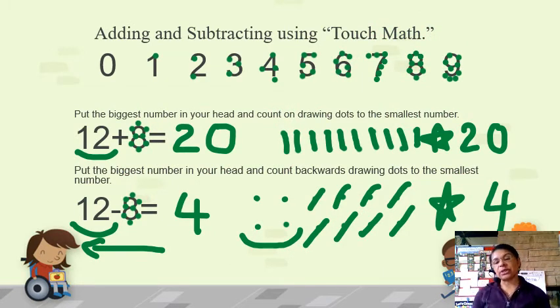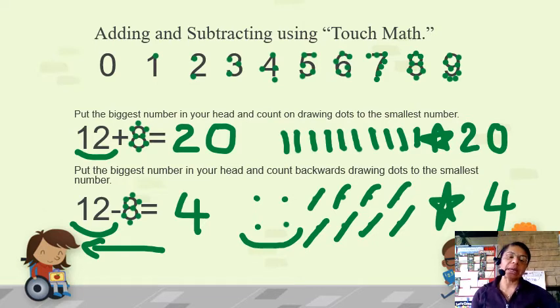Lately, we've been talking a lot about touch math. And touch math is just another way of having a visual, something that you could look at, something that you could see instead of always using your fingers. How does that work? Well, every number gets its amount of dots. The 1 gets 1, the 2 gets 2, 3, 4 gets 4, 5 gets 5, and so on.